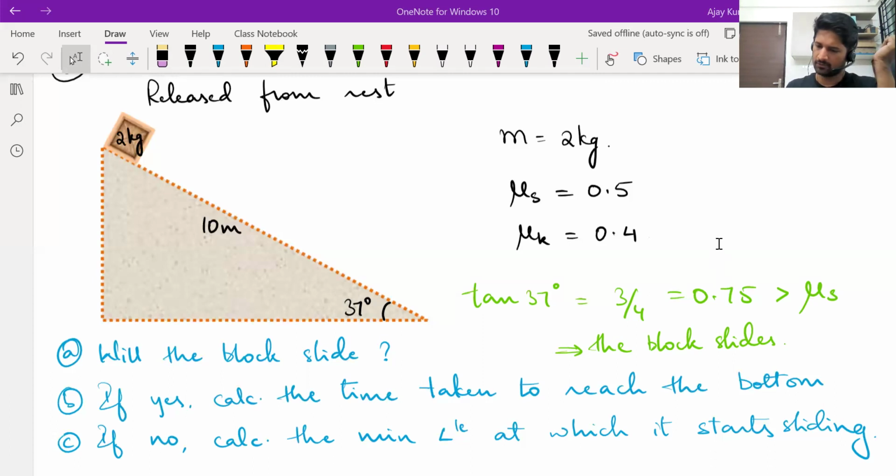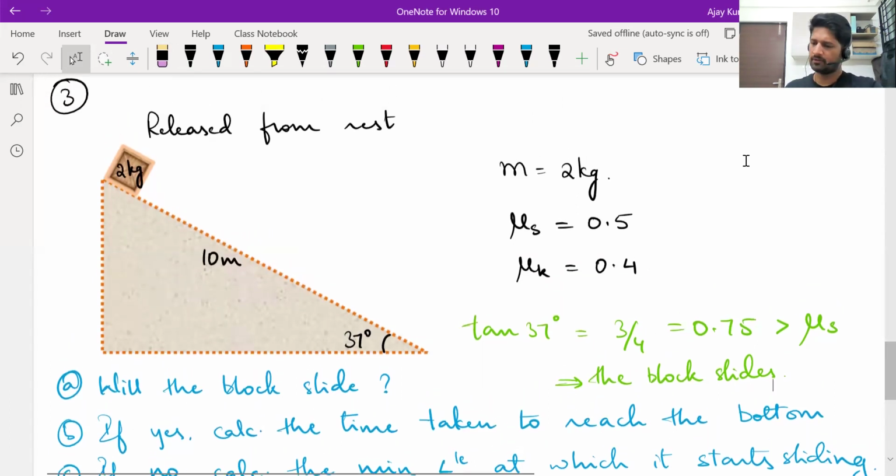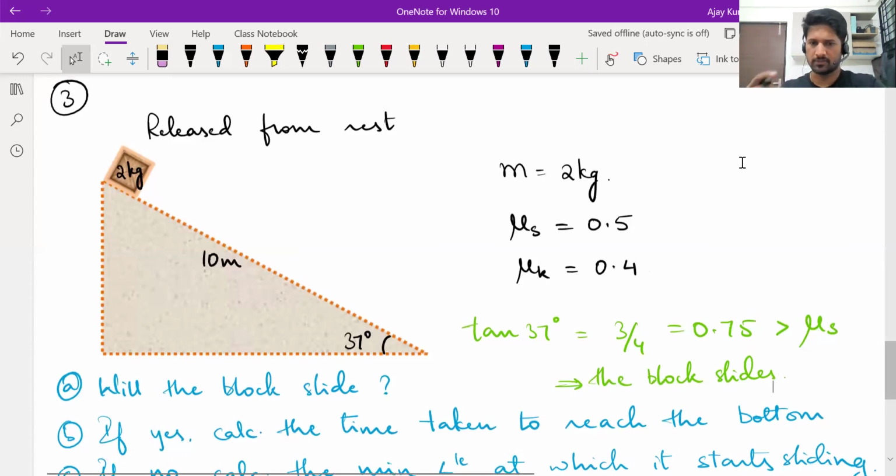Okay, I got one answer for time as root 5 seconds. One answer as root 10. Pawan, can you tell how you are trying to solve, calculate the time taken to reach the bottom?